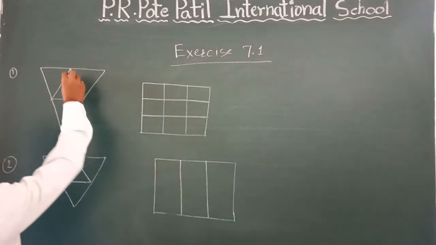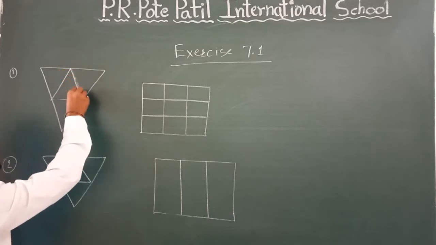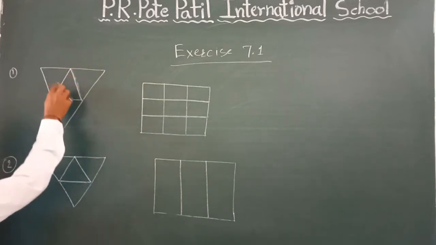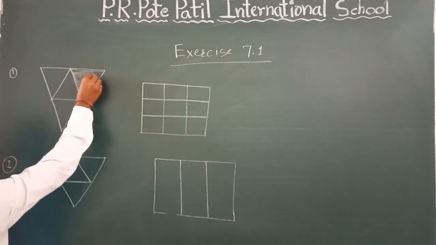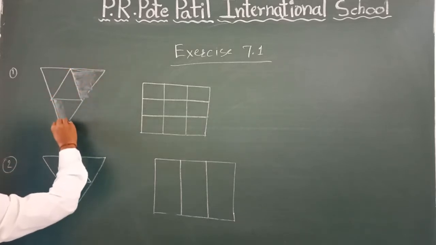In this first diagram, how many equal parts are there? 1, 2, 3, 4. And from those 4 equal parts, 2 parts are shaded.